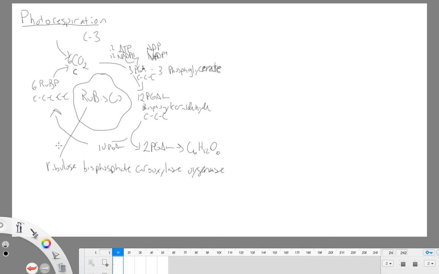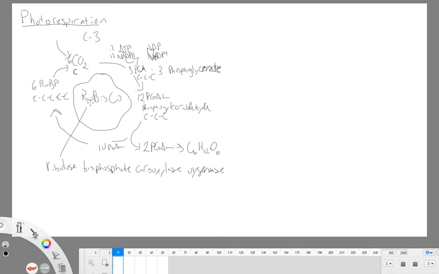Right? Really big name. It's why everyone just refers to it as Rubisco. So this is the enzyme that is catalyzing this entire reaction, right? It allows this reaction to occur. It is taking this RuBP and combining it initially with this carbon dioxide to try to kick off this cycle.